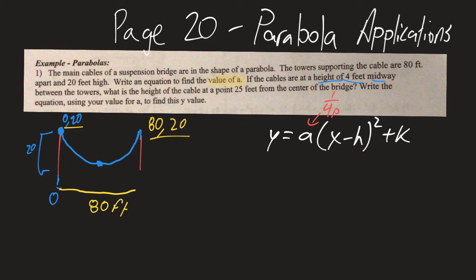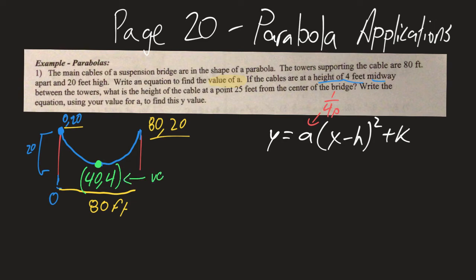Okay, so let's now think about our midpoint. Where would this midpoint be? Well, very simply, we know that it's going to be at 40, halfway between 0 and 80, right? And the height is, as we previously mentioned, 4. Okay, and this point that's in the center is very important.